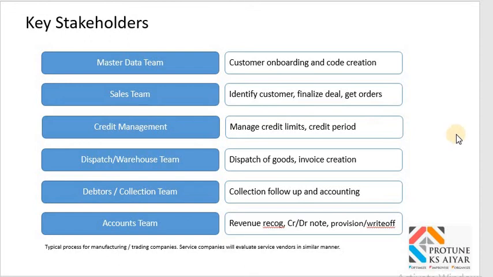The credit management team would be another key set of people that we would need to interact with. These are the ones assigning credit limits whenever a new customer gets created, and on an ongoing basis they monitor the credit exposure of the company. They look at reducing or exceeding the credit limits, and they authorize any sales orders that exceed the assigned credit limits.